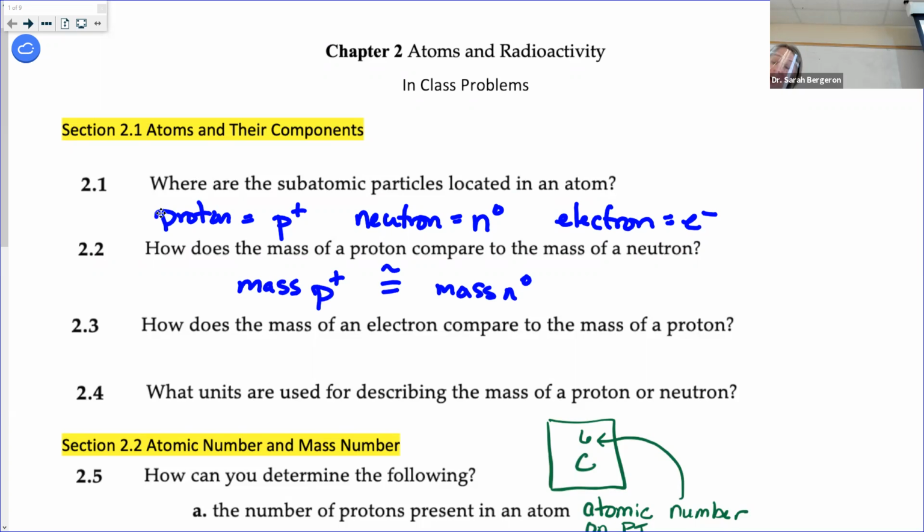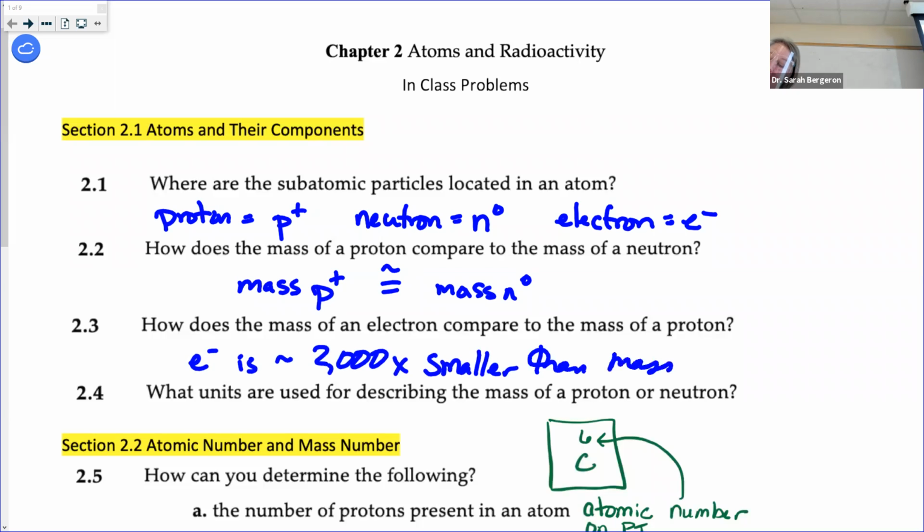How does the mass of an electron compare? It is a whole lot smaller. So an electron is approximately 2,000 times smaller than the mass of a P plus.